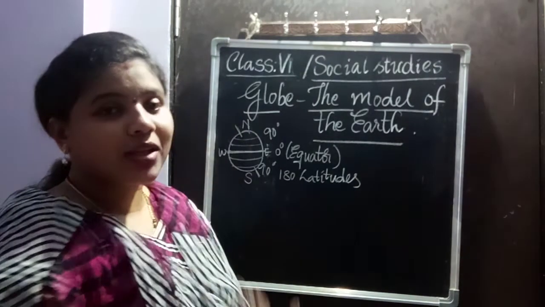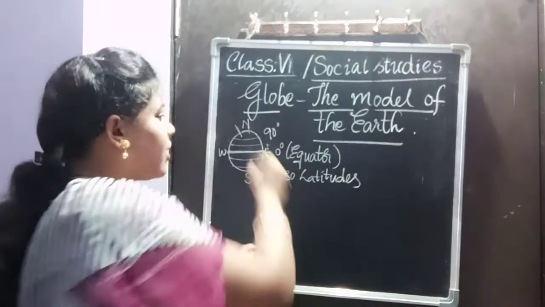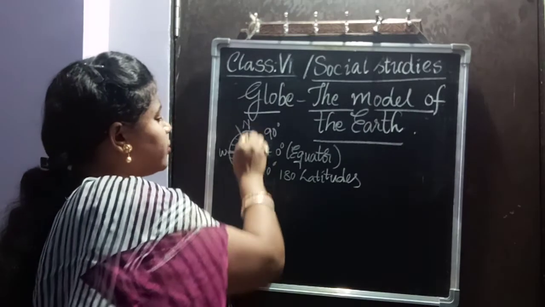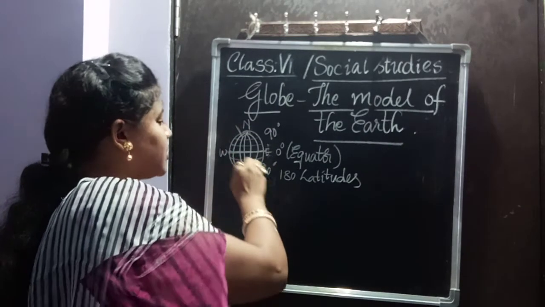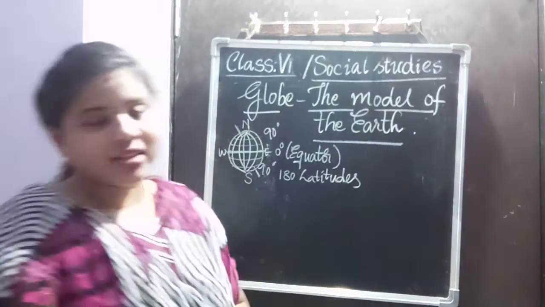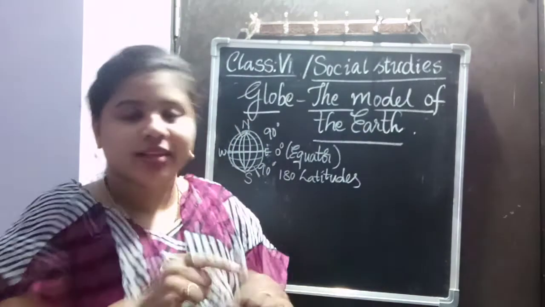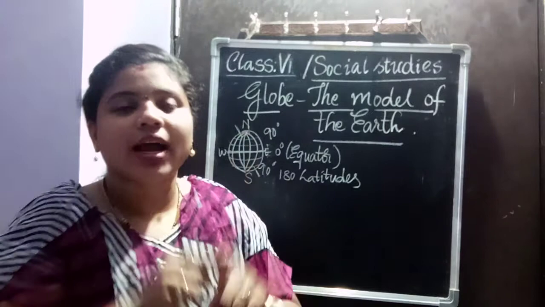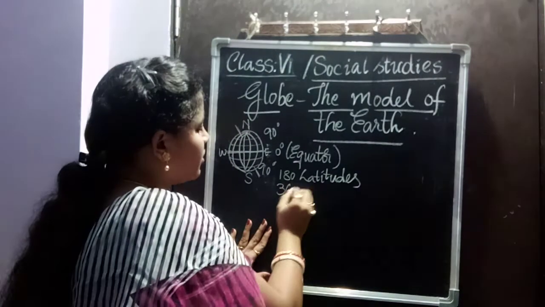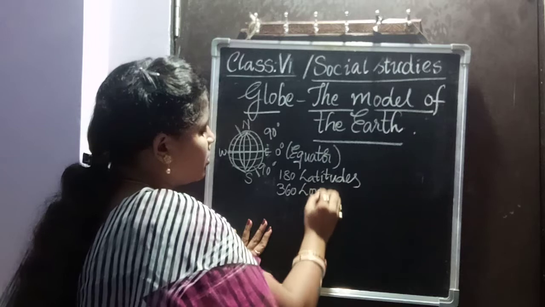Now the other imaginary lines along with the latitudes are longitudes. The word itself is very clear that they are long lines. So they are vertical lines, standing lines. There are 360 longitudes.